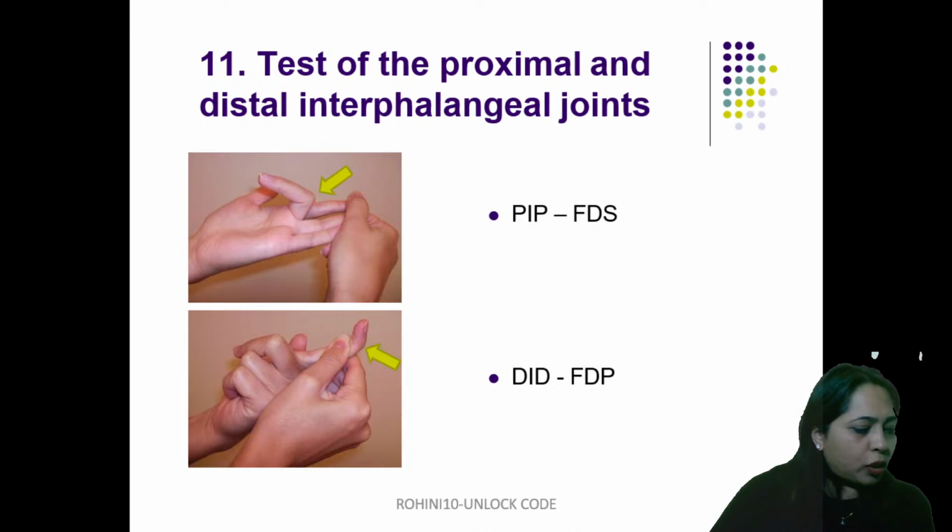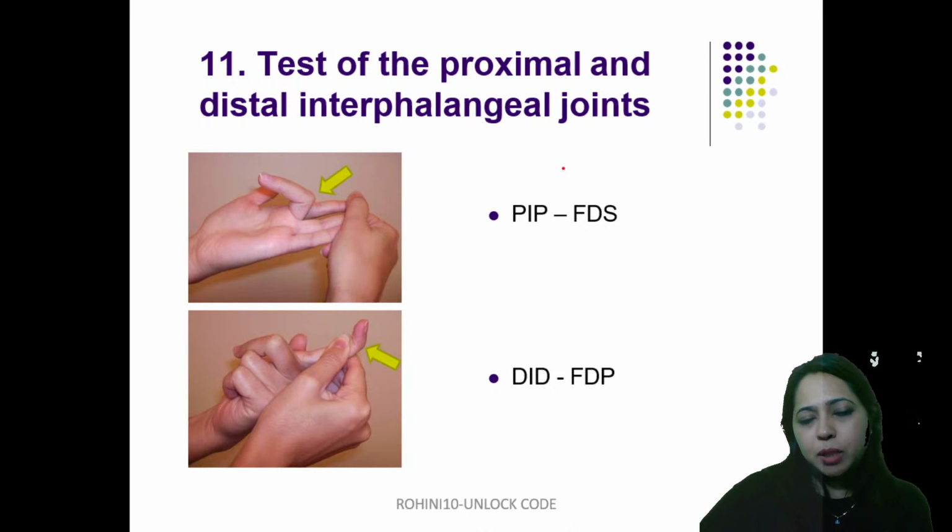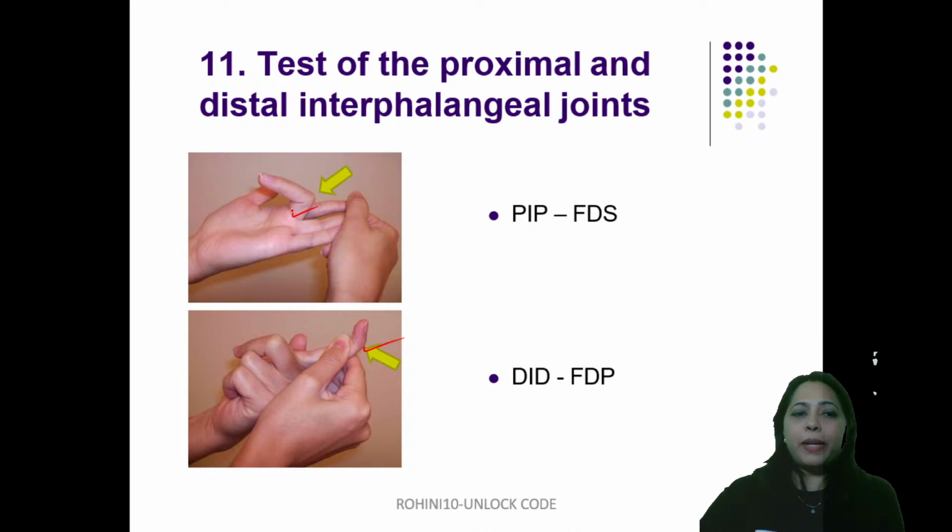Next one, let's see what we have here. We have the proximal and distal interphalangeal joints. You can see the proximal joint and this is the distal one. You can see the bend here. So who bends all these?